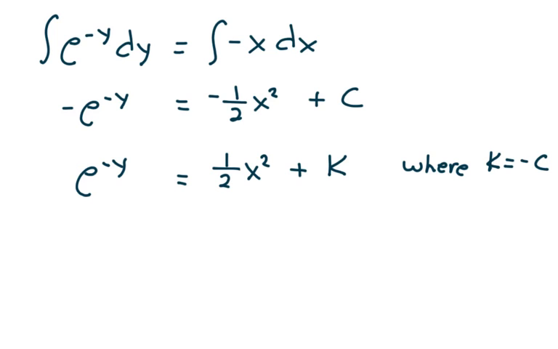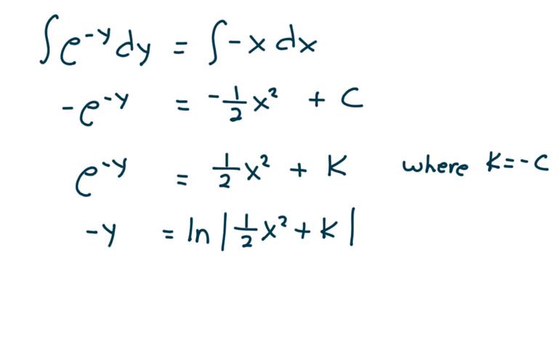So negative y is the same as natural log of (1/2 x squared plus k). I essentially took the natural log of both sides.